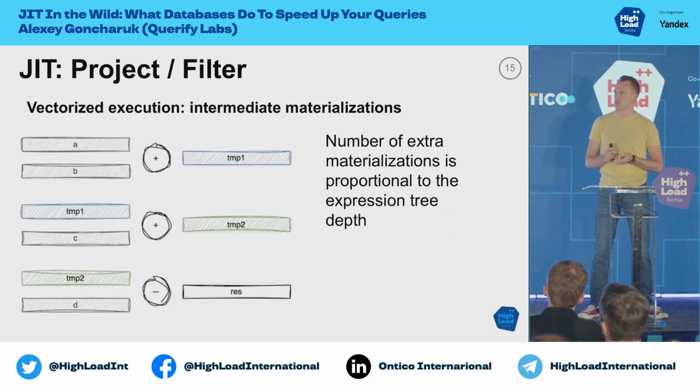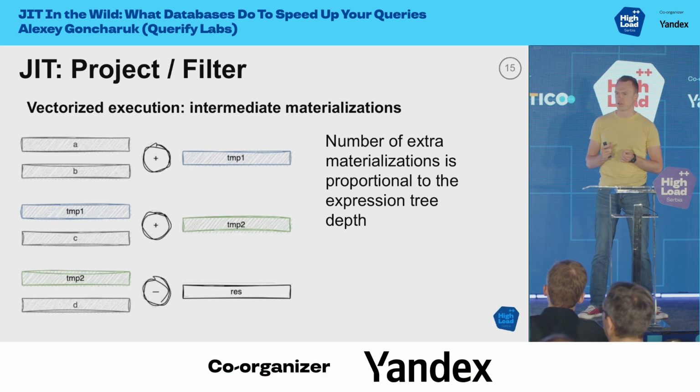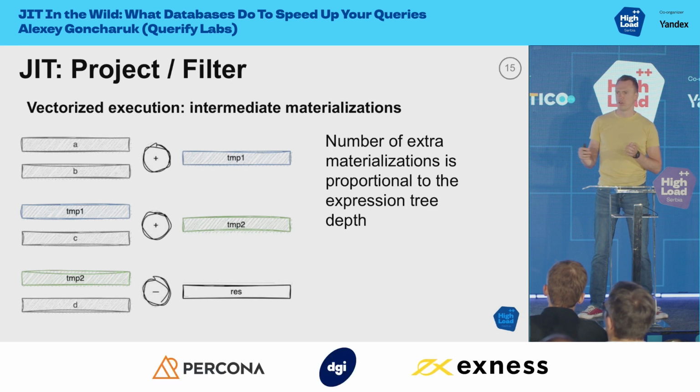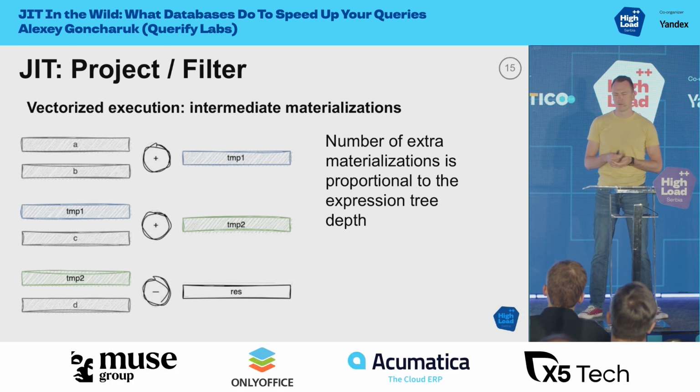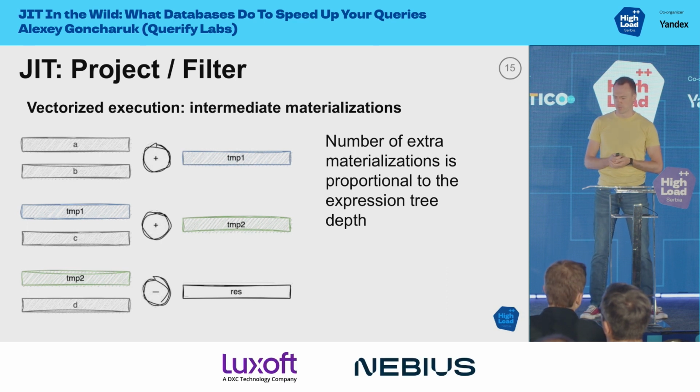However, the downside of this approach is that we need to materialize intermediate results. And the more complex the expression is, the larger number of materializations you need to allocate. This gives additional pressure to the allocation subsystem and takes additional time.